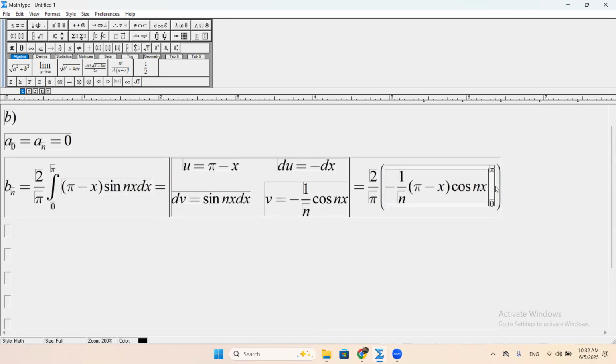And minus, because there is a minus here, and a minus before the integral. So minus the integral from 0 to p of 1 over n cosine of nx dx.